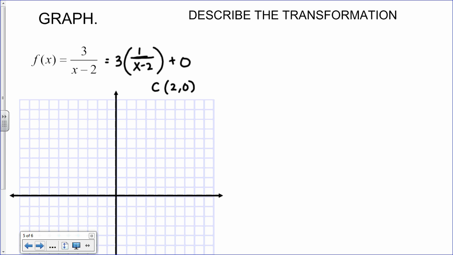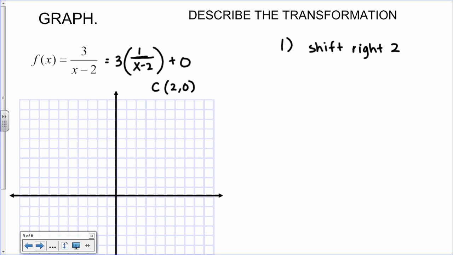Okay, so if I describe the transformation, I'm looking at this here. First thing that would happen would be this minus 2 in the denominator. So when it's with x, that means you're shifting left and right. It's negative 2, so you do the opposite, shift right 2.